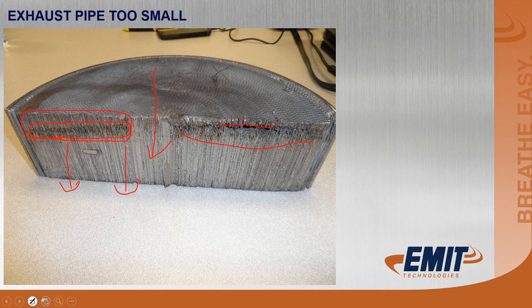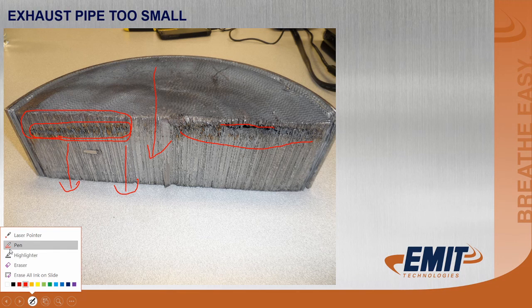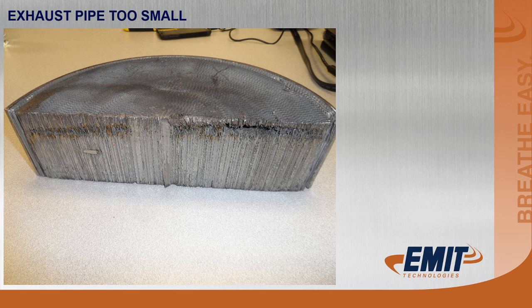So this tells us a couple of things. It tells us some maintenance items as well. The maintenance item that it tells us is only one side of this catalyst is getting used on a rich burn engine. If we want to do maintenance on this catalyst, we can blow it out with air and turn it around so the exhaust gases are coming in on this side where you still have foil that's in great condition.